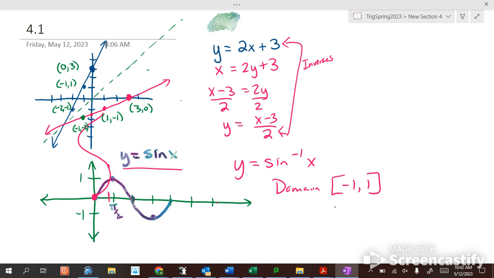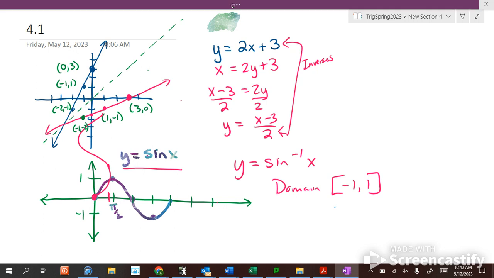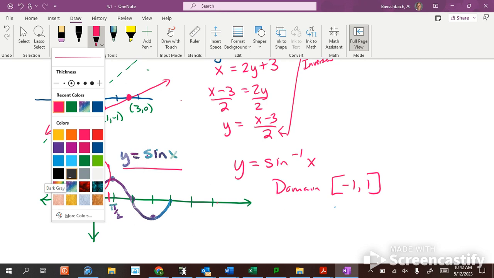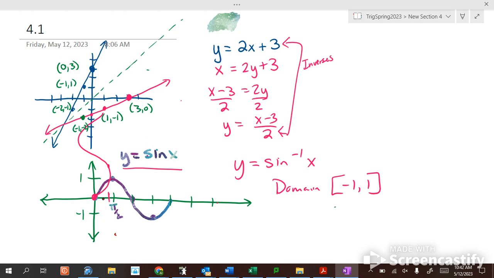What would the inverse cosine's domain be? Same thing. Smart girl there. Because the inverse cosine, the normal cosine would look like that.